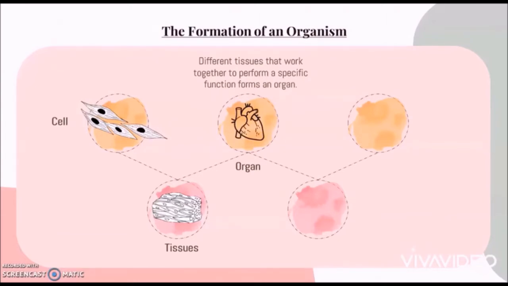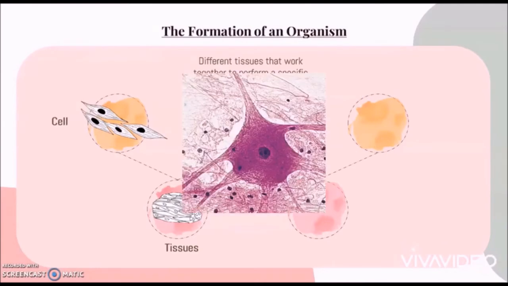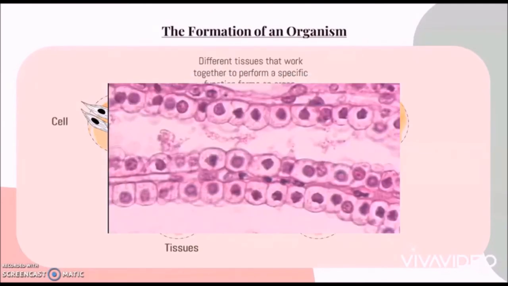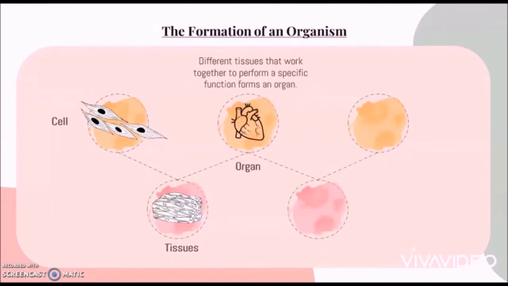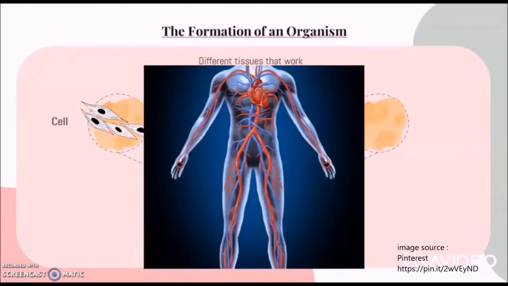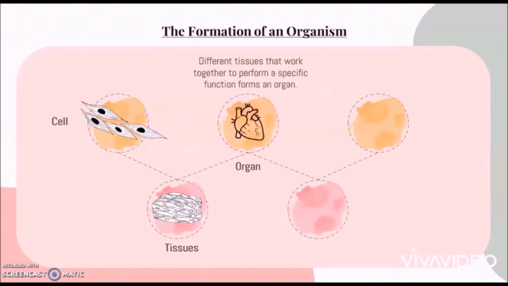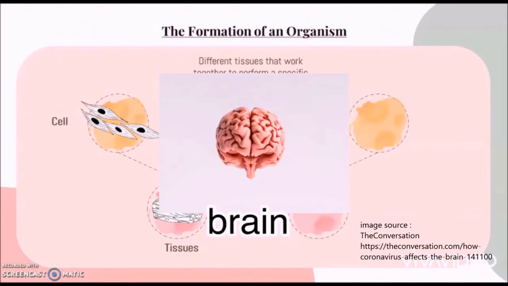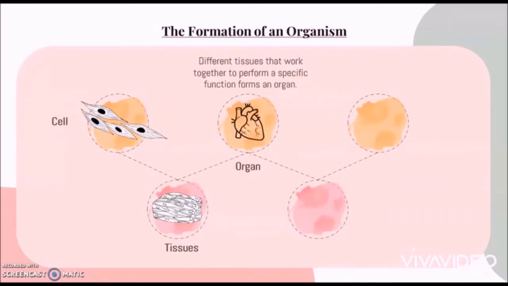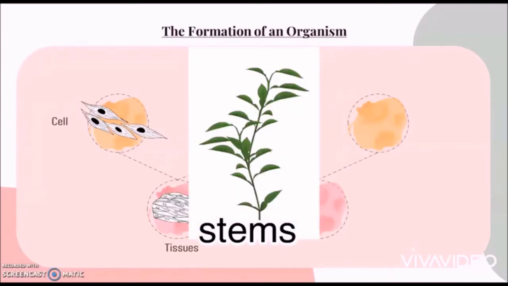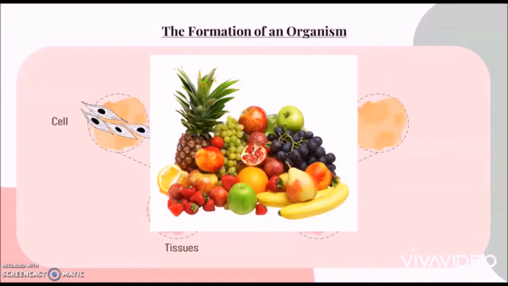For example, a heart consists of nerve tissue, epithelium tissues, and muscle tissues, which work together to pump blood to all parts of the body. Other organs of the human body include brain, skin, lung, and stomach. For plants, the organs are leaves, stems, flowers, and fruits.